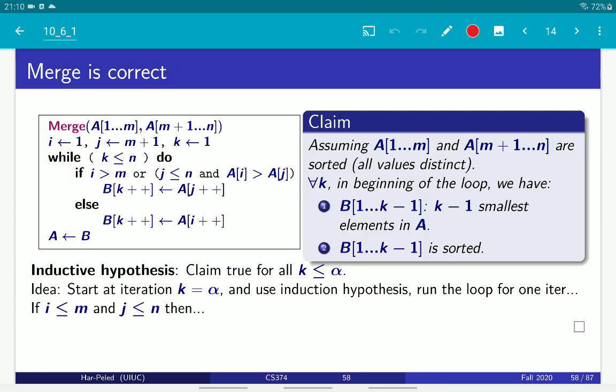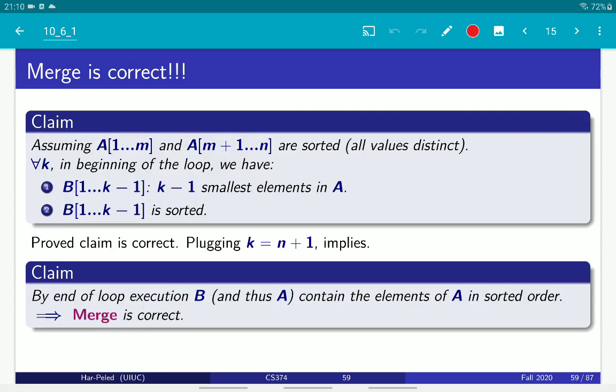So we just proved that this claim is correct: that there is this invariant on the loop of the merge, and that B indeed is being filled correctly. Now, we can just take k to be equal to n plus 1, namely the final iteration where we get out of the loop.